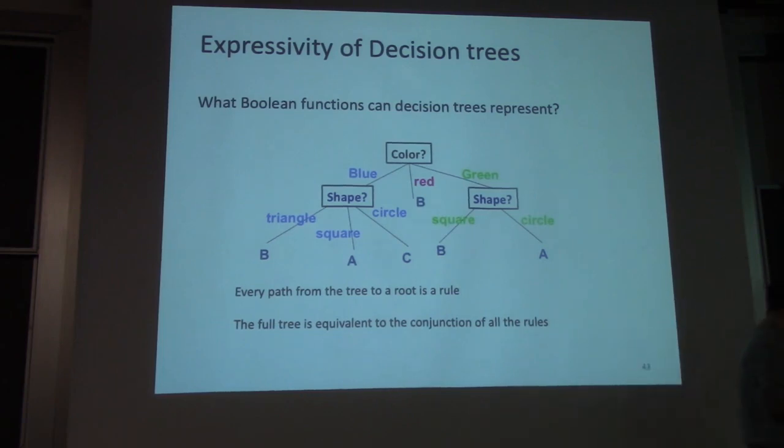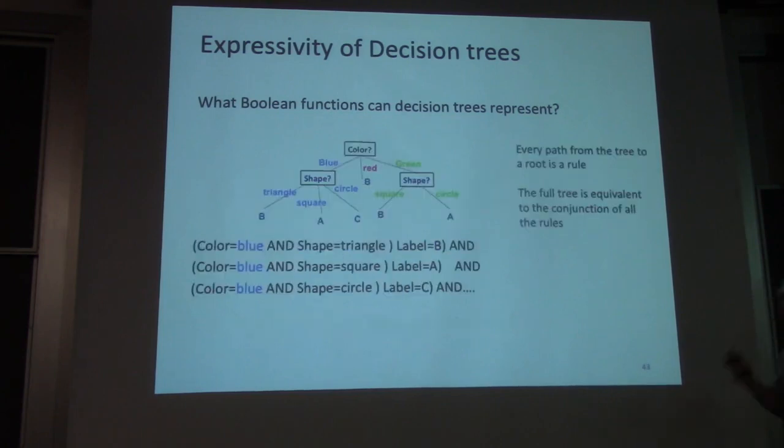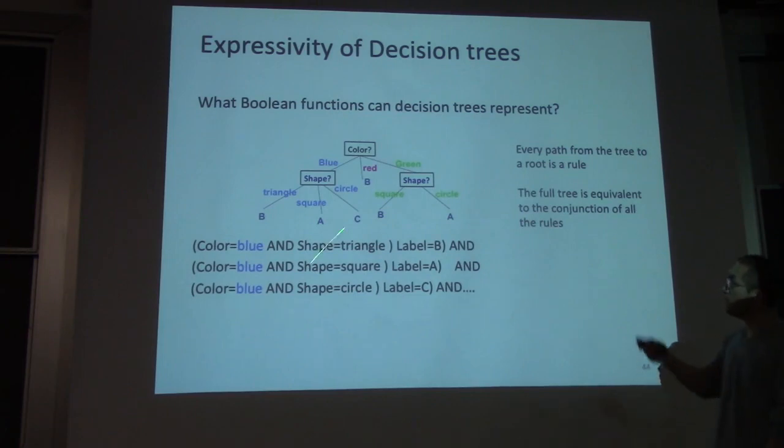A decision tree is expressive enough to represent all kinds of Boolean functions. So what are Boolean functions? A Boolean function means that all the input variables are Boolean and the output is Boolean. It's not hard to show that a decision tree can represent all types of Boolean functions. This is an equivalent representation of a decision tree.